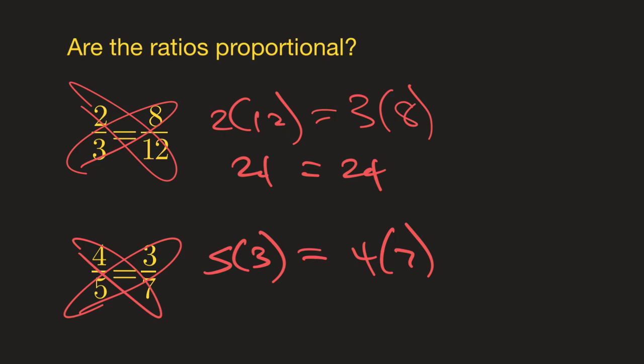Is 5 times 3 equal to 4 times 7? 5 times 3? 15. 4 times 7? 28. Is 15 equal to 28? Okay, obviously it is not. Those are not equal, therefore, those ratios are not proportional.